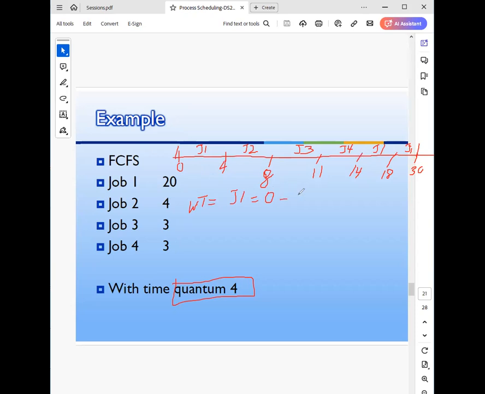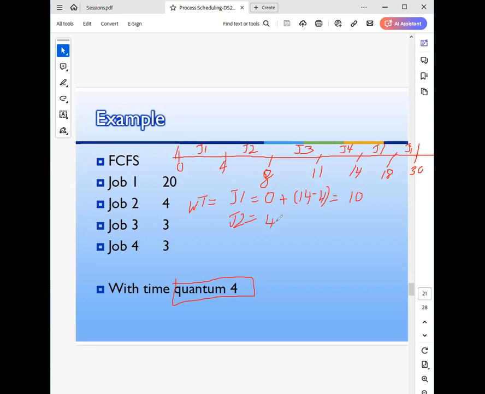So that is 14 minus 4, so altogether it's 10 milliseconds waiting time for J1. After that it runs continually. For job 2, it came at 0 and got the CPU time at 4.